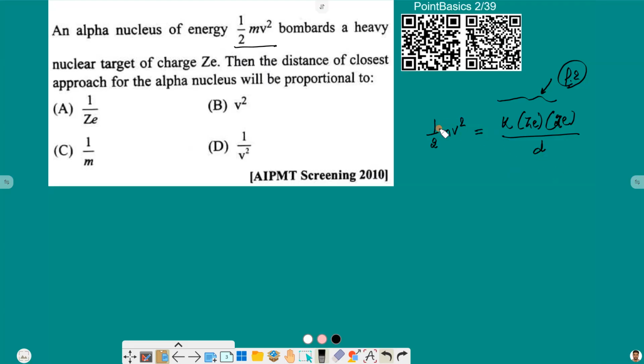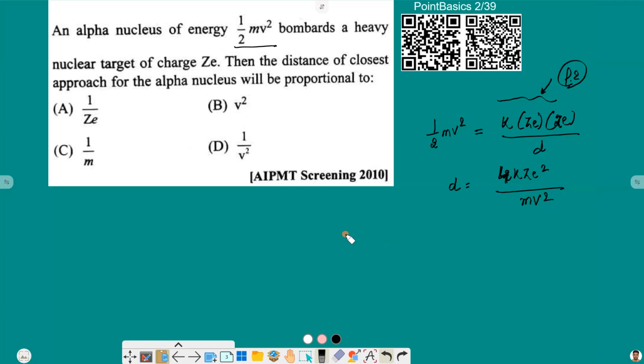So we have to find out the distance, and what the distance is proportional to. If we write down the formula for distance only, then distance will be equal to 2k Ze square, and this 2 also gets multiplied, so this will be 4k Ze square divided by mv square.